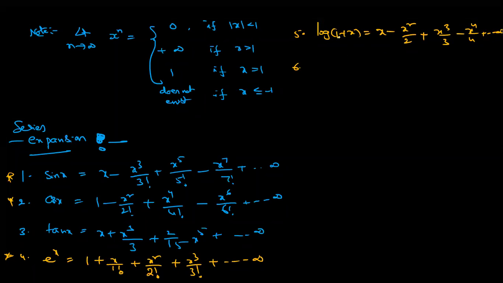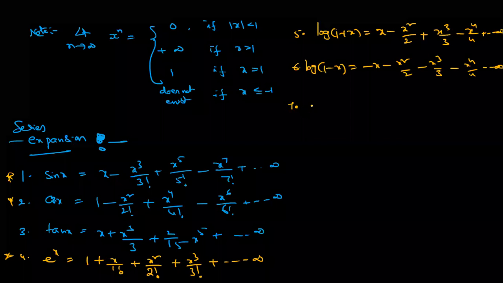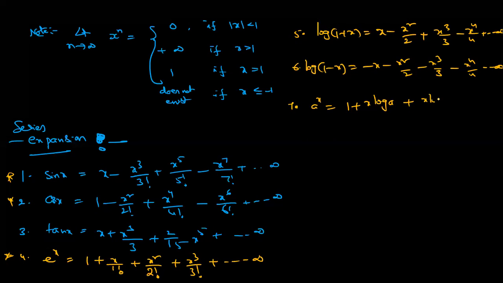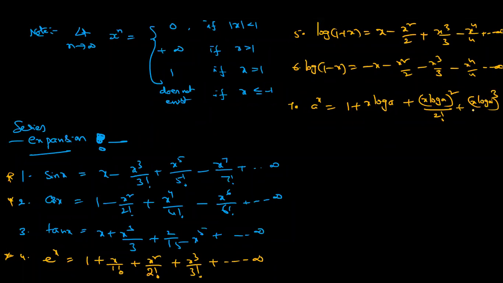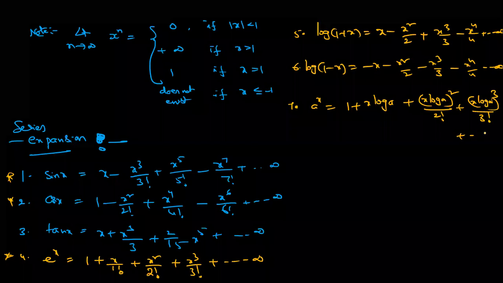So suppose if anyone asks logarithm of 1 minus x, nothing, replace x by minus x. Otherwise, if you want, write minus x, all the terms are minus up to infinity. 7. a power x: 1 plus x into log a, plus (x log a) whole square by 2 factorial, plus (x log a) cube by 3 factorial, and so on to infinity.